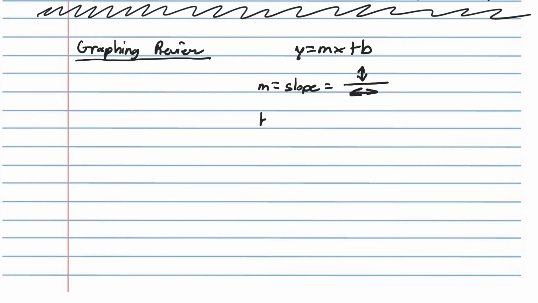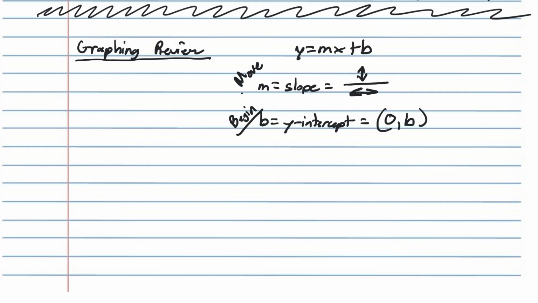And then your b value, that was your y-intercept, okay? So we always knew that starting point, wherever we began, was always 0, comma, whatever b is, okay? Now I even mentioned, if it helps you to remember how to start these questions, think begin with b and then move with m.